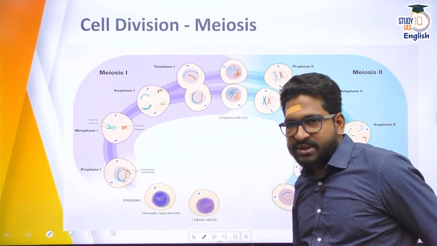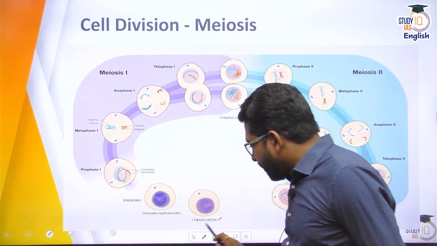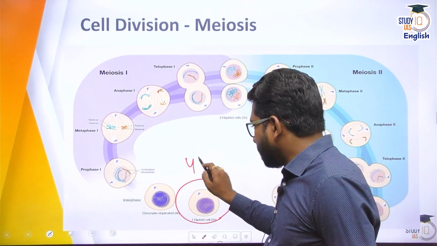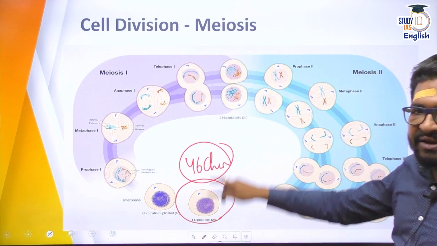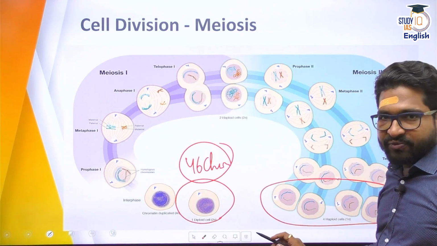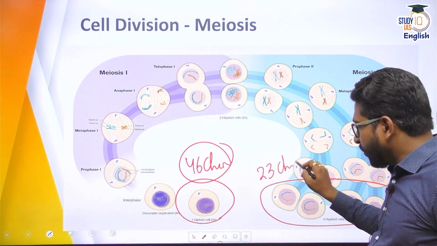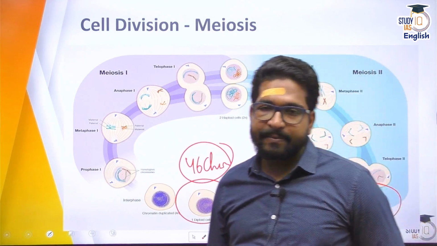Now meiosis takes place through 2 kinds of division, where a single diploid cell, that means a cell with 46 chromosomes, divides into 4 cells which are haploid. That means these 4 cells are going to have 23 chromosomes each, half the chromosomes of the parent cell.